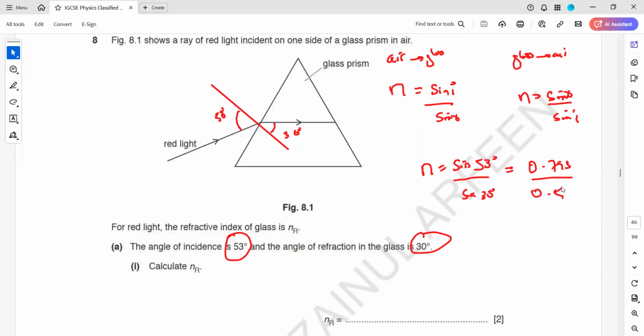So 0.79 divided by 0.5 is equal to 1.46. So the refractive index is 1.46. Why did we not write a unit here? Because refractive index is a ratio, and a ratio does not have any units.